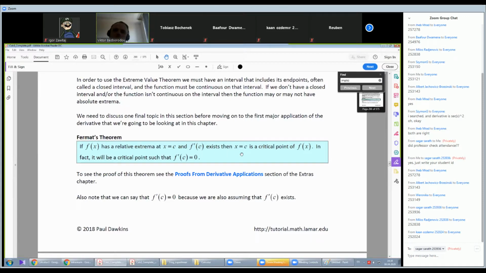Now, it means that either the derivative exists and is 0, or that the derivative doesn't exist. So here they formulate it a little bit differently, that if it exists, then it is 0. But then, of course, it may also just not exist, right?